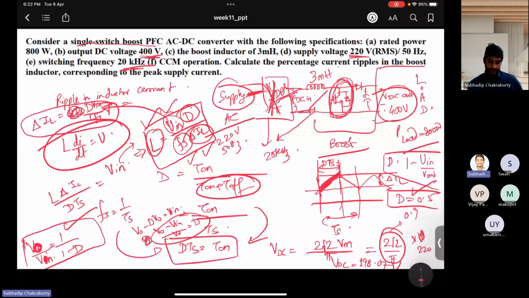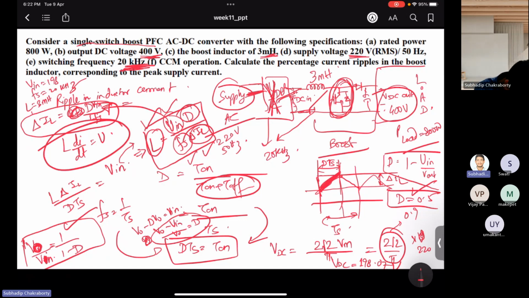D V in divided by L Fs. Calculate: L value you know, switching frequency you know, 20 kilohertz, and D is 0.5 and V in is 198. So you write V in as 198, Fs as 20 kilohertz. So now I will write the L value as 3 millihenries, and what else?